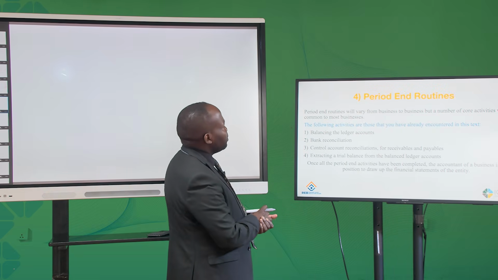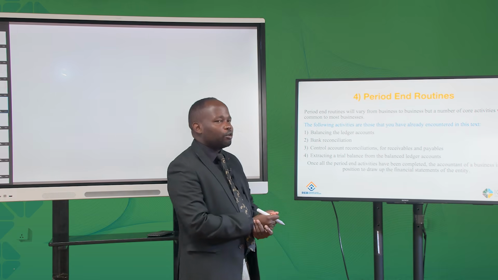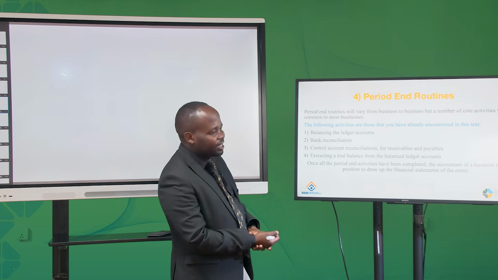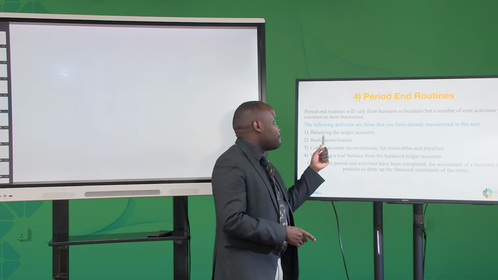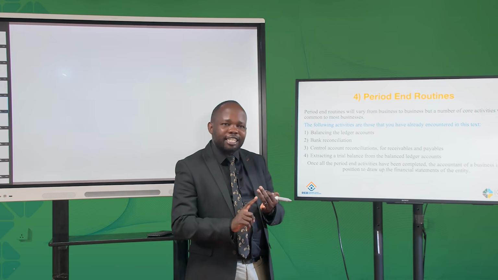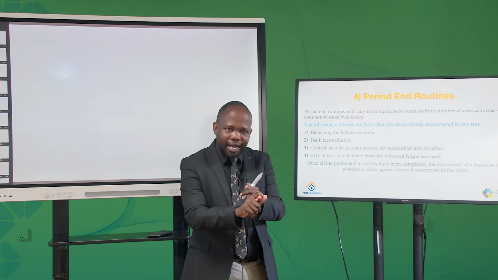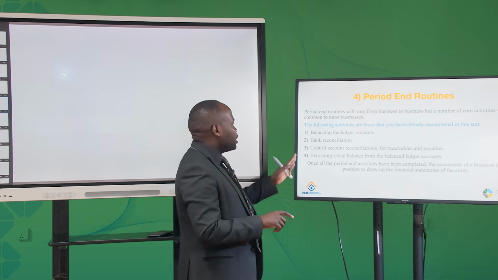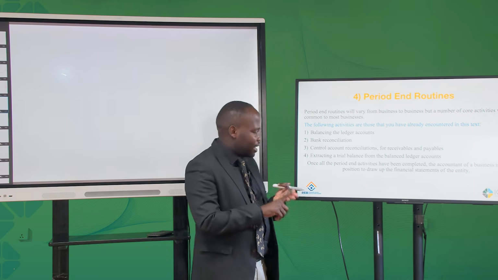Now, period end routines. What are the routines we need to do? At the end of a given period, number one, balancing the ledger accounts. Always ensure your accounting team balances the ledger accounts. Number two, bank reconciliation. Number three, control account reconciliation for receivables and payables.